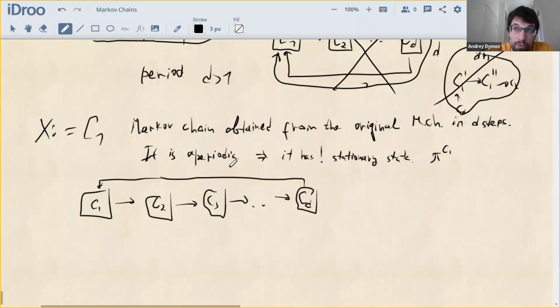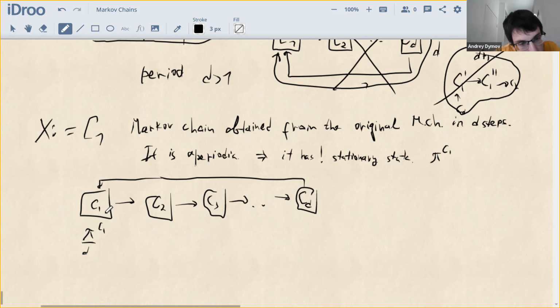But then the sum of probabilities will be more than one. We need to normalize. Yes, of course. This is just it. So instead of the stationary state pi C1, you take pi C1 over D. So you divide each component by D, and then you just use your dynamics. You make a push forward along your dynamics.